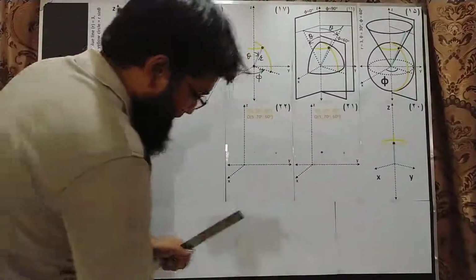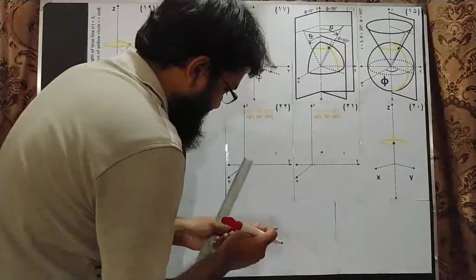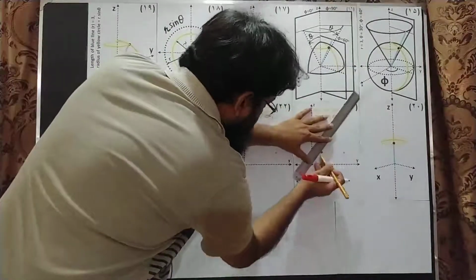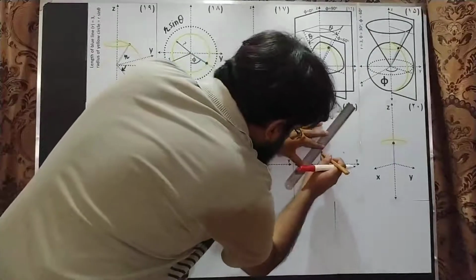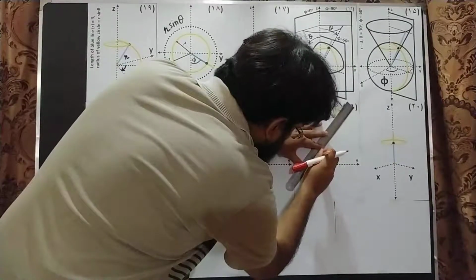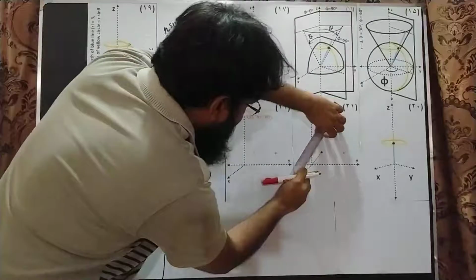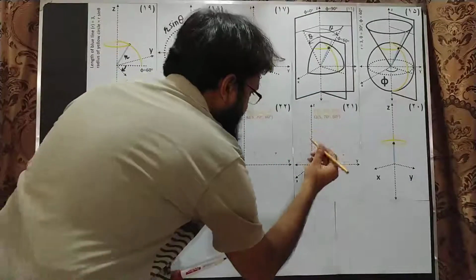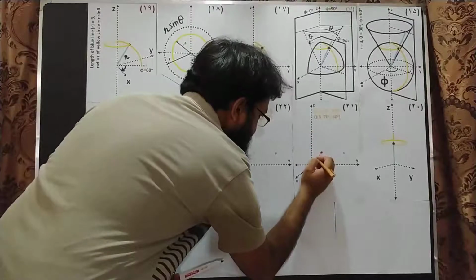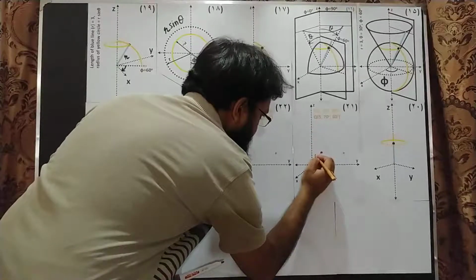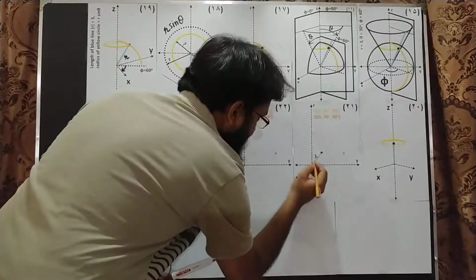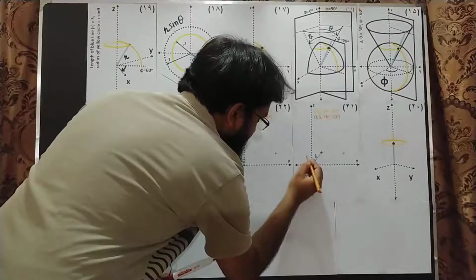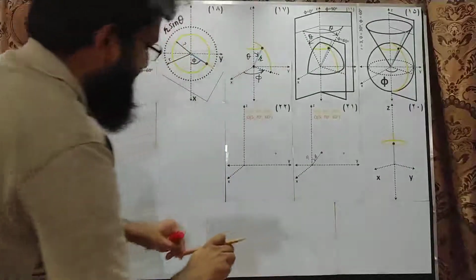So if I join this point to origin, what I'll get is R1, that is 3. Let me just write R1 here, and this line is making angle θ1 with respect to z-axis.